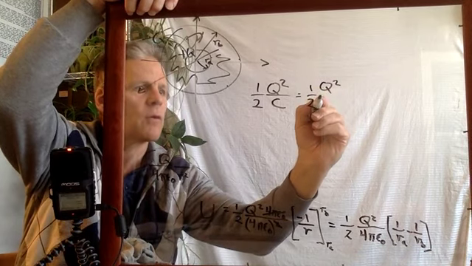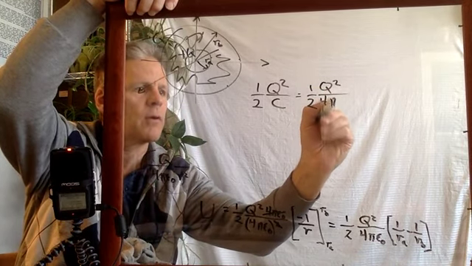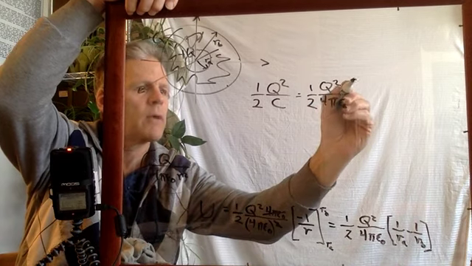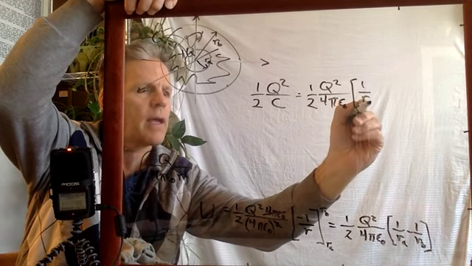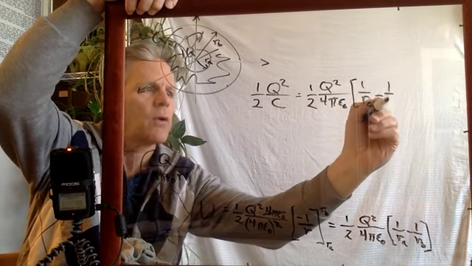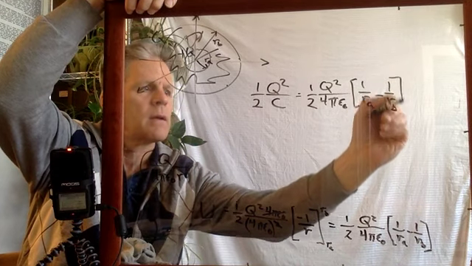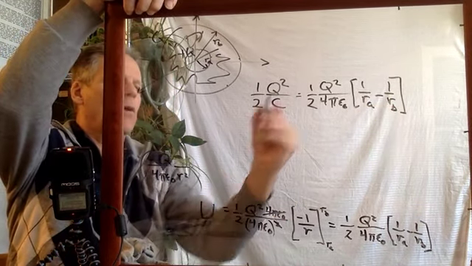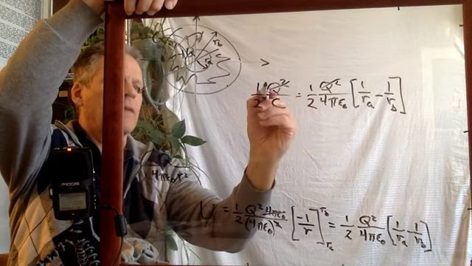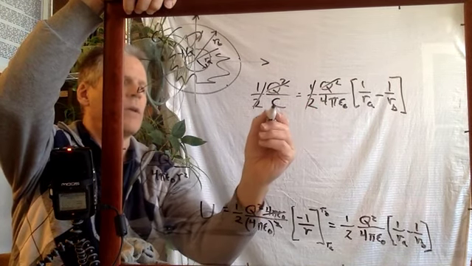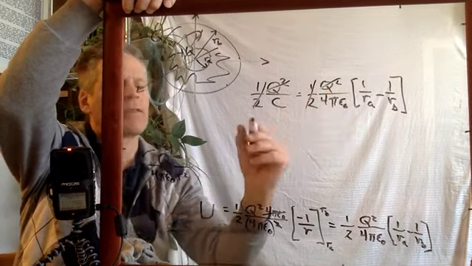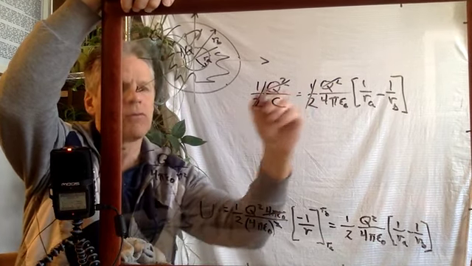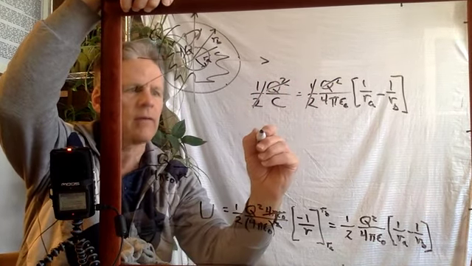So we have this over 4 pi epsilon 0, and we have 1 over RA minus 1 over RB. Okay, there we go. We can cancel out the q squared. We cancel out the 1/2, and we need to bring c up, and we have this stuff we need to bring down. So I'm just going to invert both these sides.